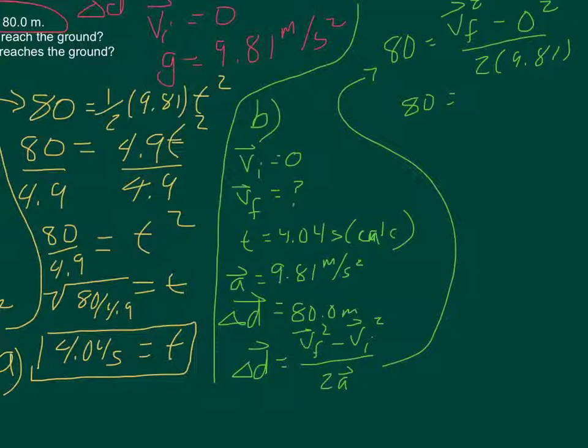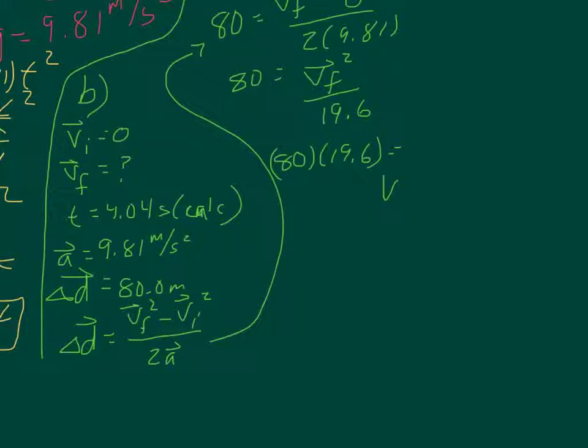80 equals VF squared over 19.6. Multiply both sides by 19.6, so I've got 80 times 19.6 equals VF squared.